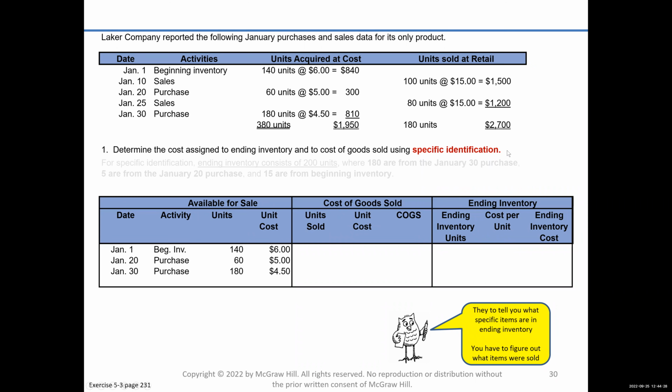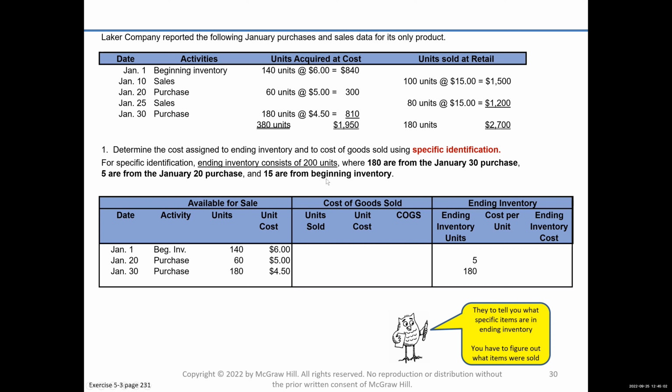So what is the ending inventory? Here they say that our ending inventory consists of 200 units, where 180 are from the January 30th purchase. So we'll put 180 there. Five are from the January 20th purchase, so that would be here.